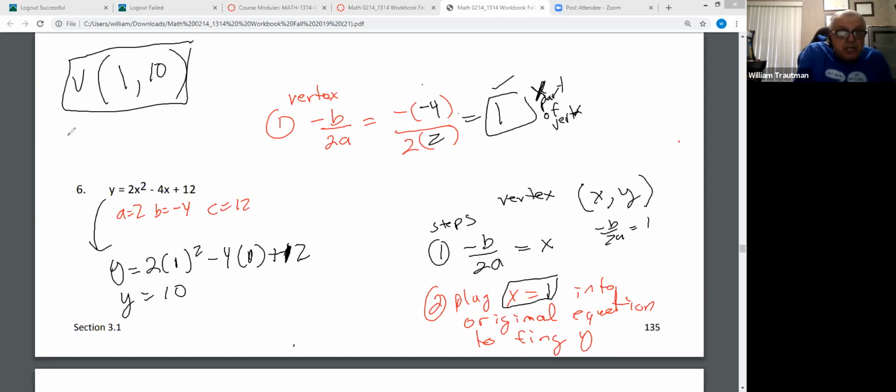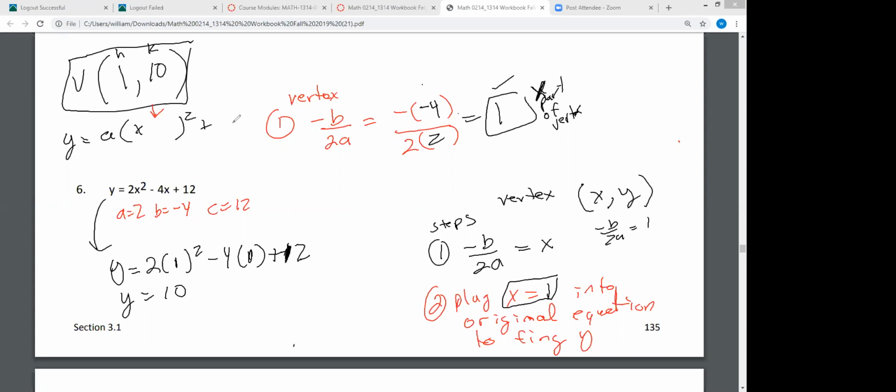Now the answer has to be y equals a times x minus h squared plus k. They use h and k. For vertex, they just use h and k. So what do I put? What number do I put? Give me a second. I'm trying to get the color there. What number do I put in here? Negative 1.